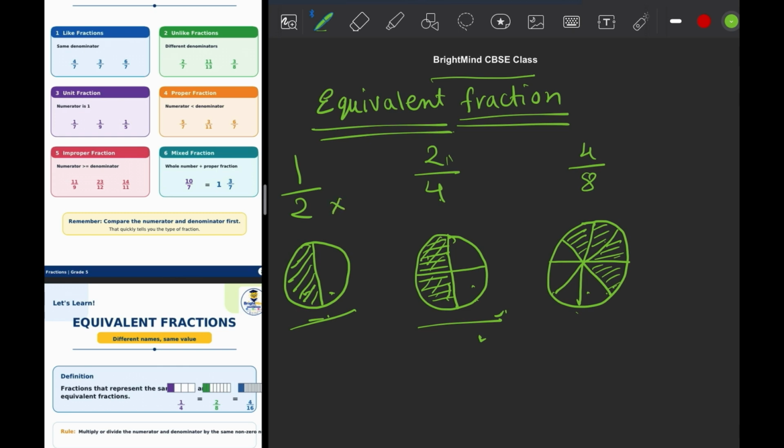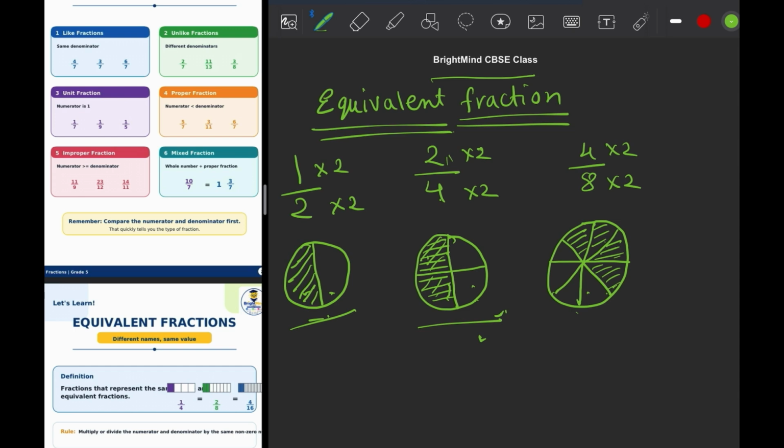Here I will also multiply by 2, and here also I multiply by 2. We also multiply the numerator by 2, and we do the same thing here.